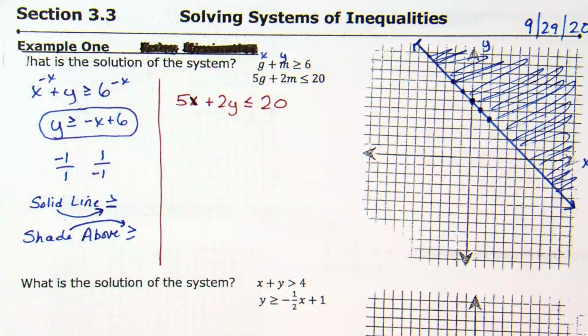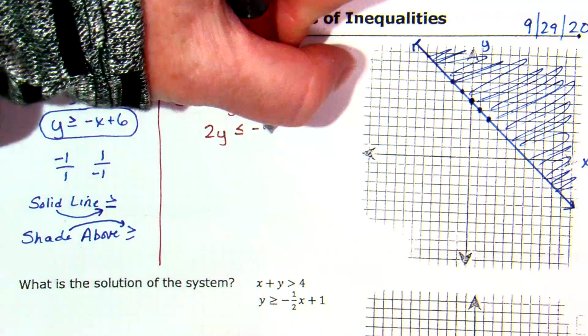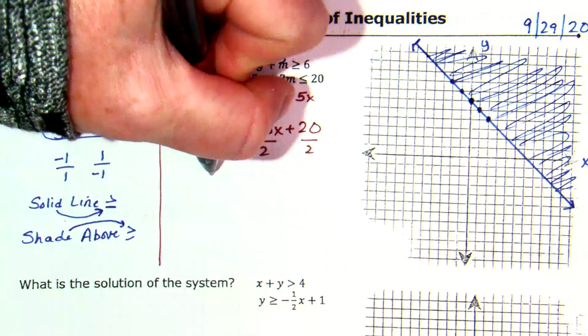So if it's positive 5x, subtract 5x. 2y less than or equal to, I'm going to switch that around as negative 5x plus 20 to get the y by itself. Divide by 2. And y is less than or equal to negative 5 halves x plus 10.